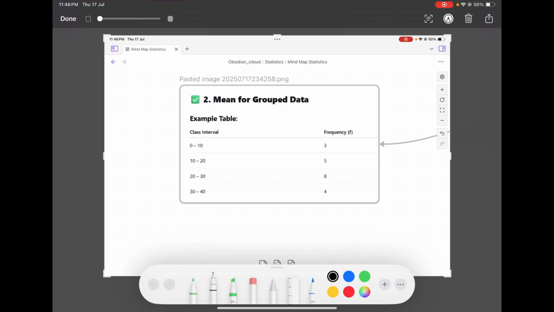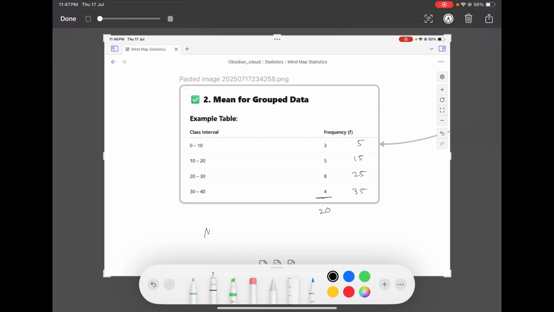We have seen how to calculate the mode and median. Now to calculate the mean, the middle value of this class interval is 5. For this class interval the mean value is 15, then it is 25 here and it is 35. The total of the frequency is 20.